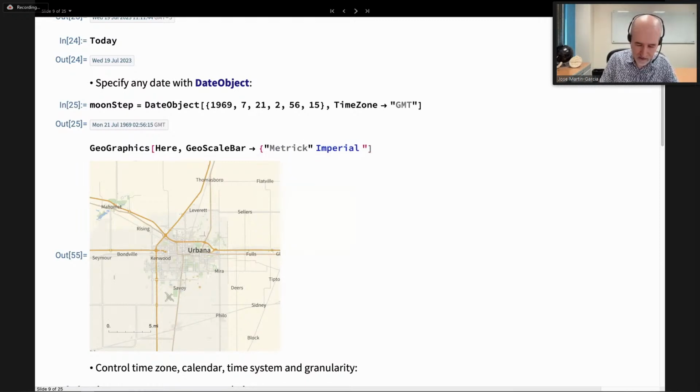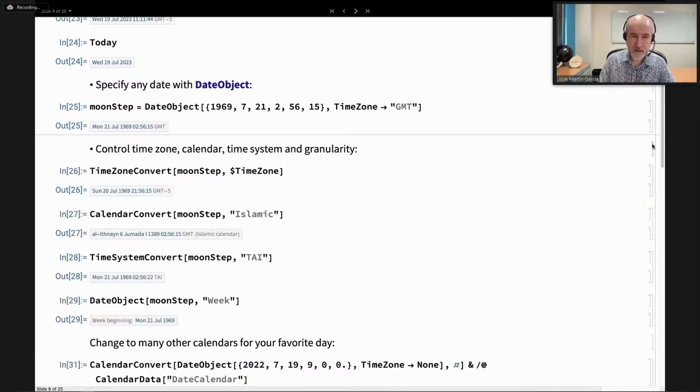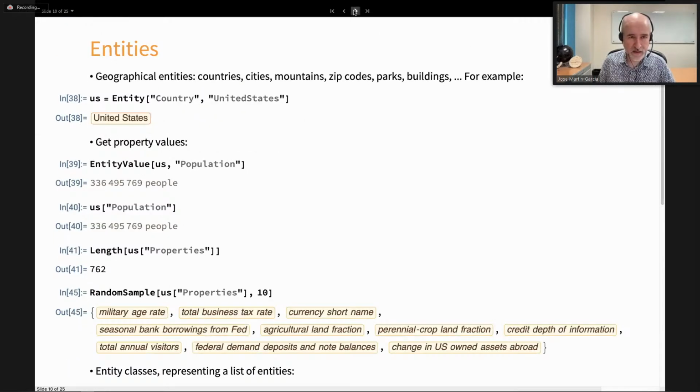Metric and imperial. Yes, and you see, now we get 0 to 5 miles, 0 to 5 kilometers. Okay, so entities, that was all.